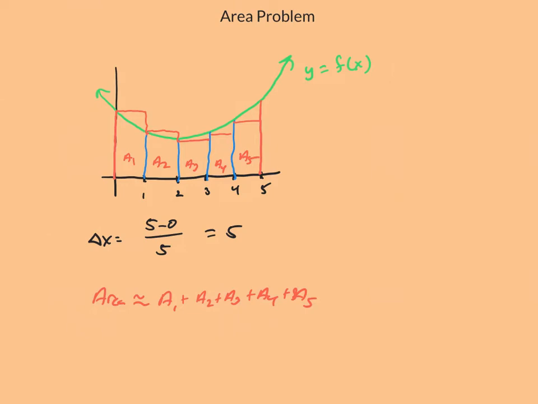Now keep in mind, instead of a left-hand approximation, I can use a right-hand approximation. If I did that, I'll end up using the ones I have in purple here.